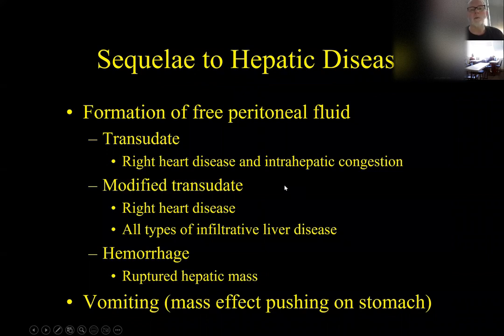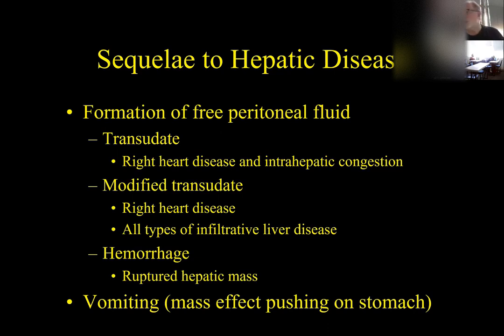Okay, sequela to hepatic disease. So now we said we have things that can cause small livers, and more commonly things that can cause huge, big livers that push things away and cause mass effects. But anytime I have disease in the liver, we can see things that happen as a sequela to the liver having issues. The most common thing we're going to see when the liver has issues and becomes too big is that a lot of times it will cause fluid to form in the peritoneal space.